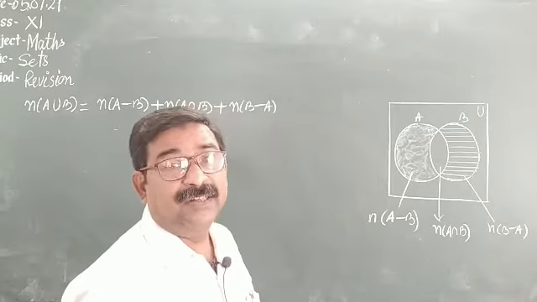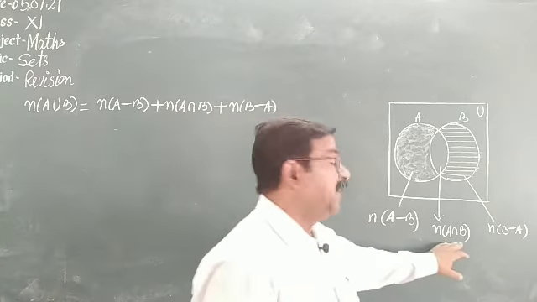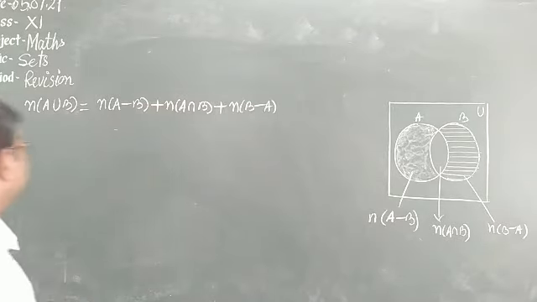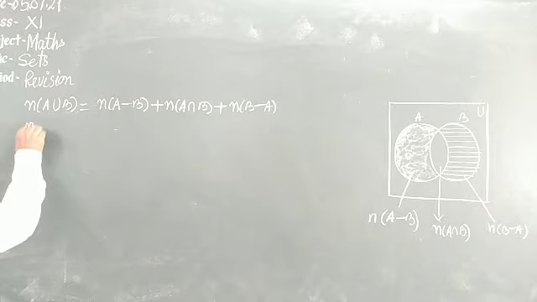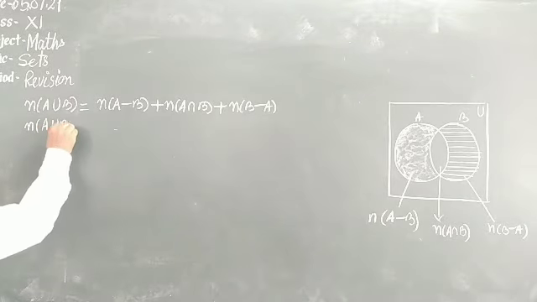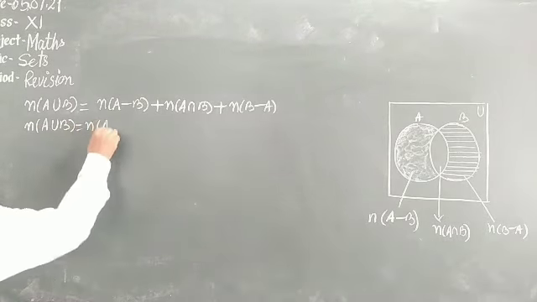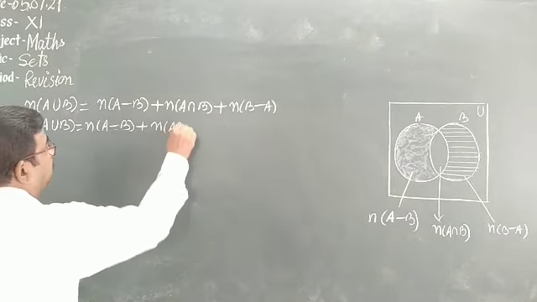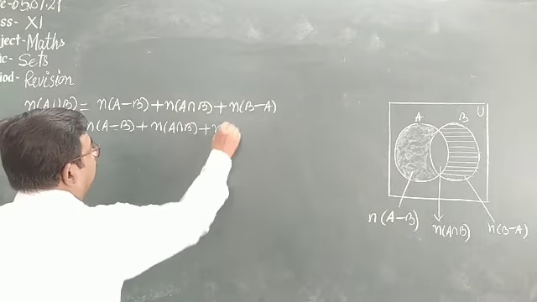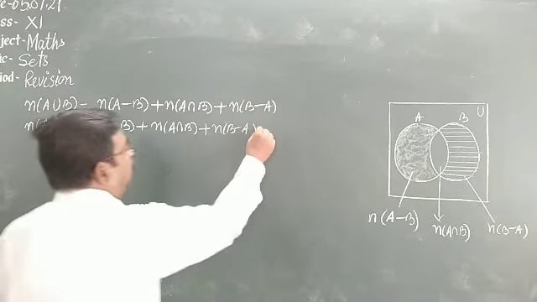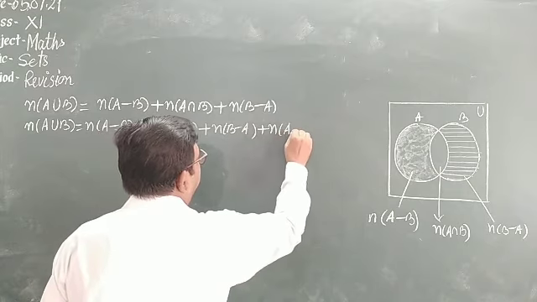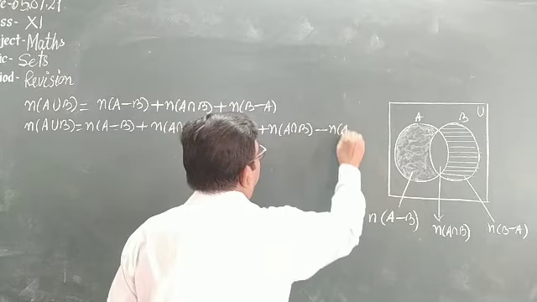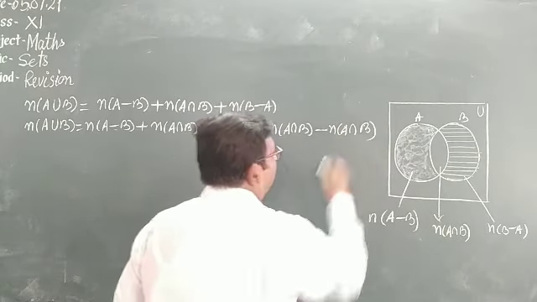There is a trick: add A intersection B and subtract the same, so that there is no change in the value. N(A union B) is equal to N(A minus B) plus N(A intersection B) plus N(B minus A) plus N(A intersection B) minus N(A intersection B).